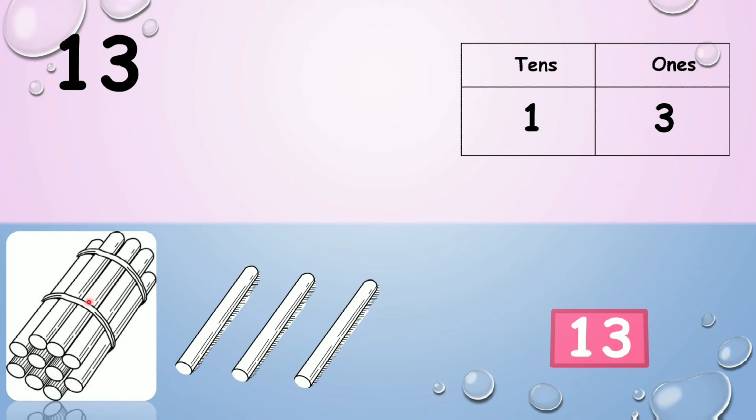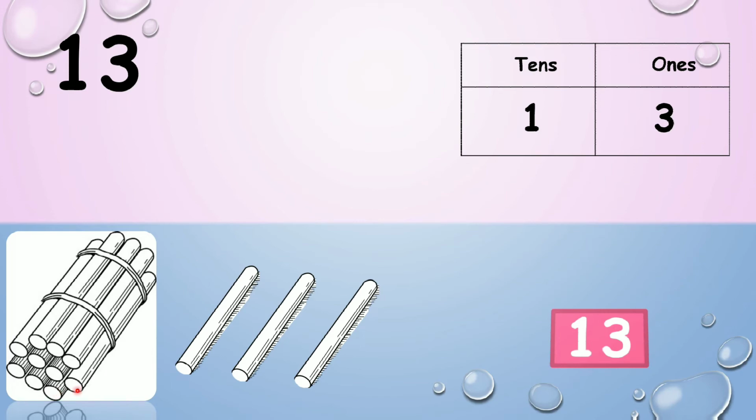Same as when we look at this image. This is a bundle of sticks. In this bundle, we've got 10 sticks. We can count to prove that. 1, 2, 3, 4, 5, 6, 7, 8, 9, 10.